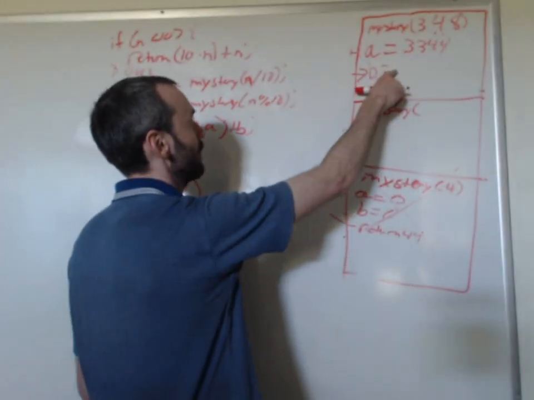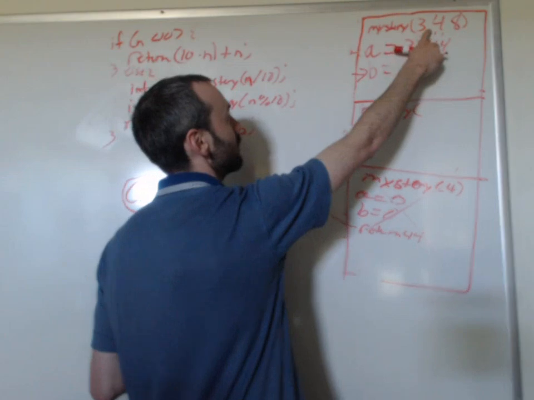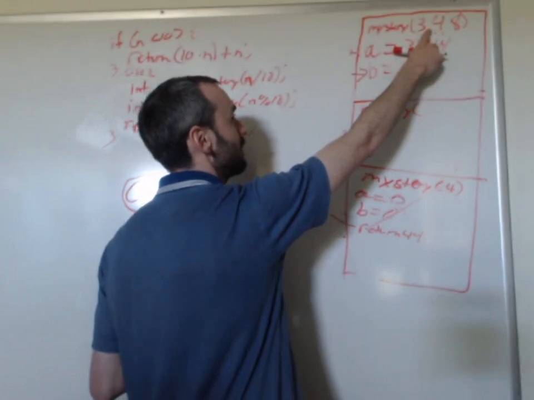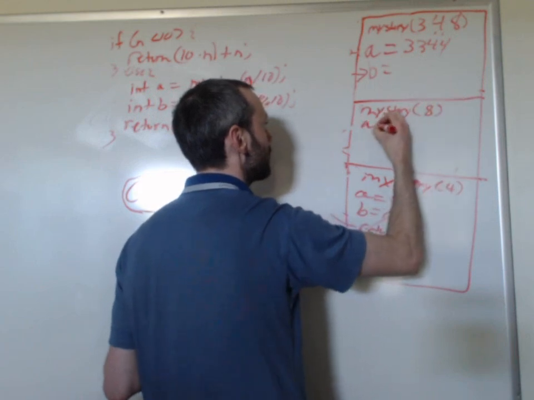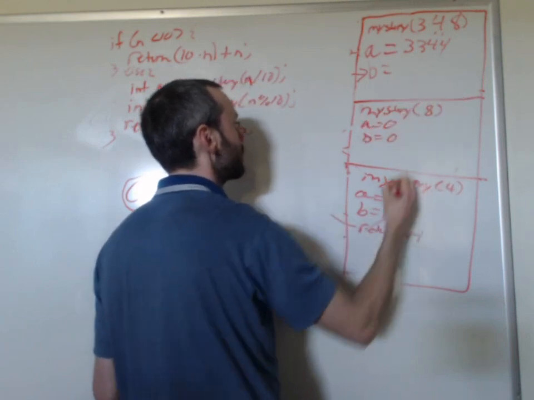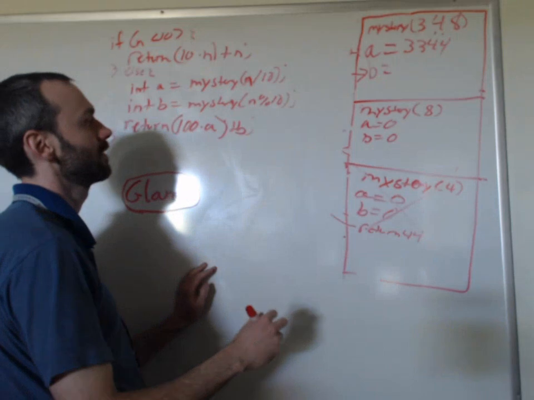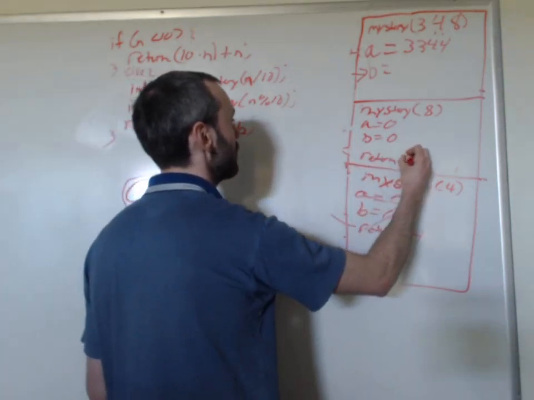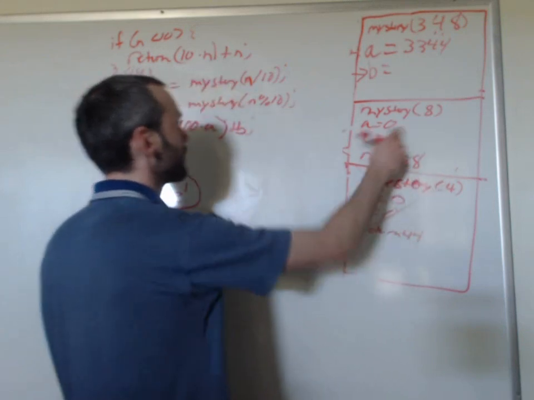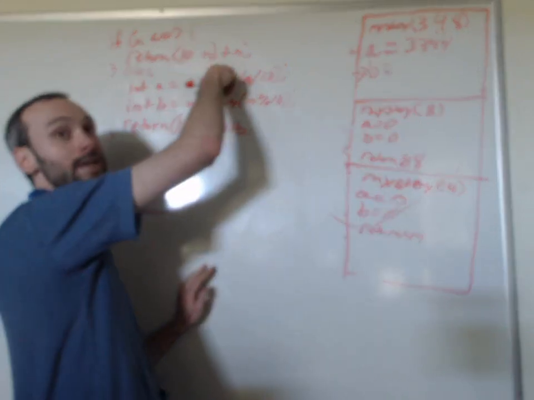What's n at this point up here? Yeah, mod 10 is 8. So what are we returning? 88. Because 8 is less than 10, so we're going to do 10 times n plus n.